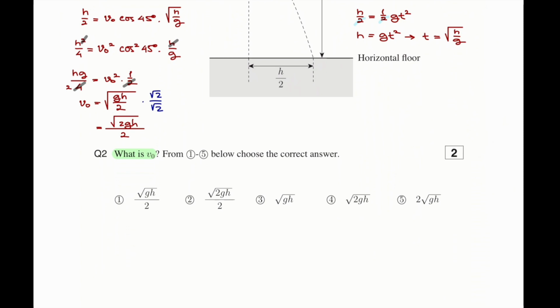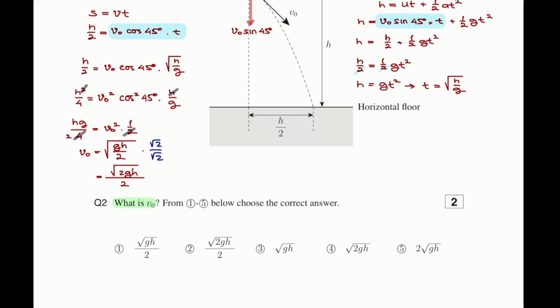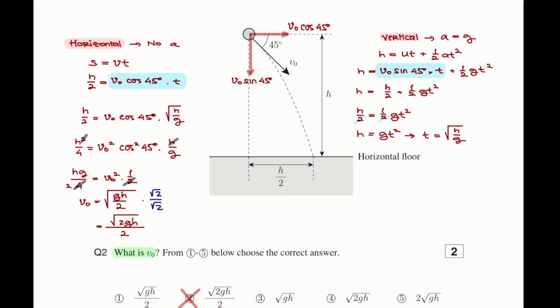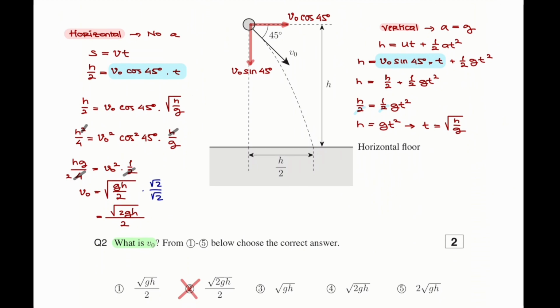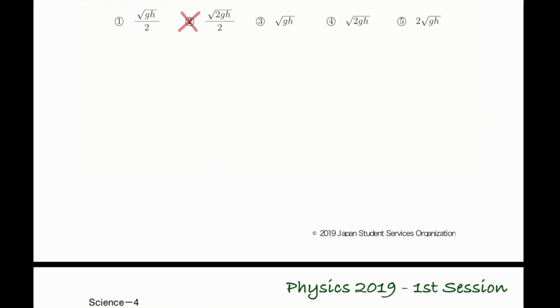So my final answer for question 2 is number 2, square root of 2gh over 2. Okay, this is for question number 2. Let's proceed to question number 3.